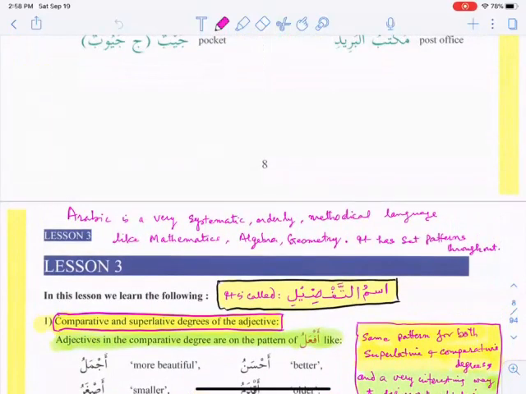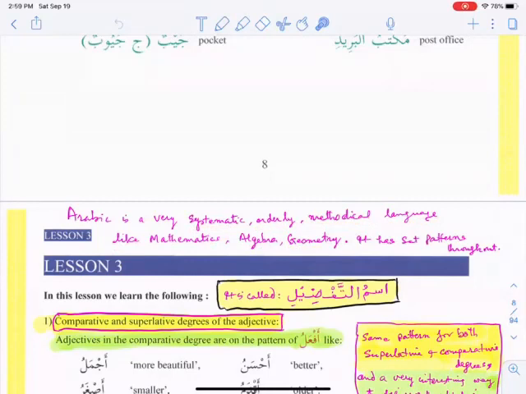This is the key of book 3. I put some notes here. Arabic is a very systematic, orderly, methodical language. This is the beauty of Arabic. It is like mathematics, algebra, geometry.